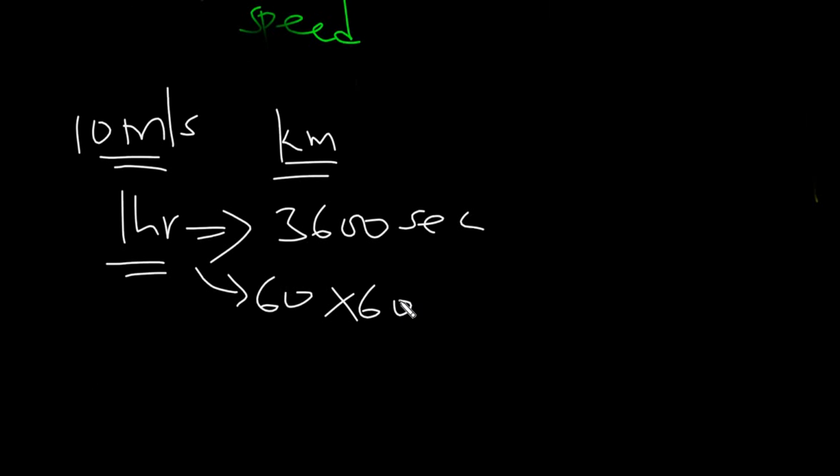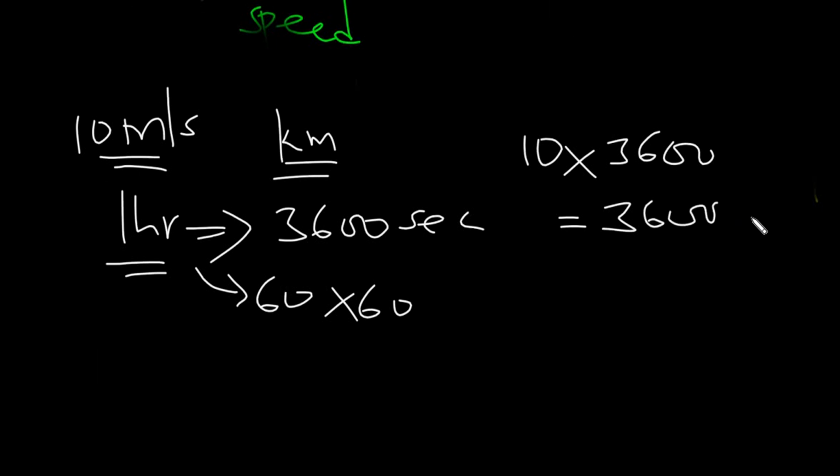So let's find the distance in meters. Okay, so the distance in meters will be the speed, which is 10 meters per second, multiplied by the time in seconds, which is 3,600 seconds. Okay, so this will be equivalent to 36,000 meters.